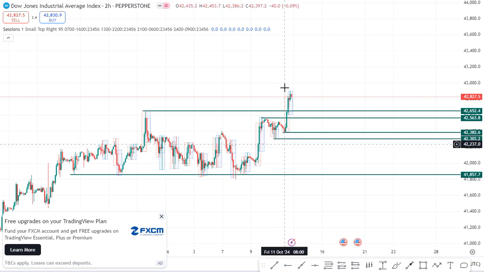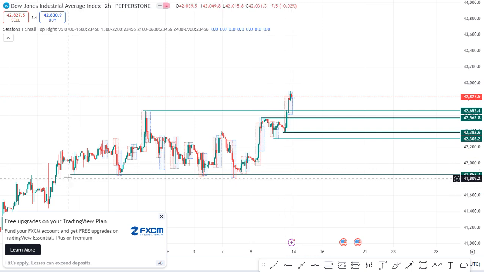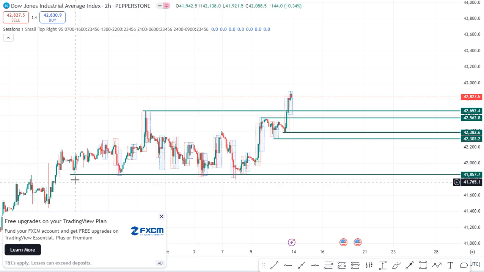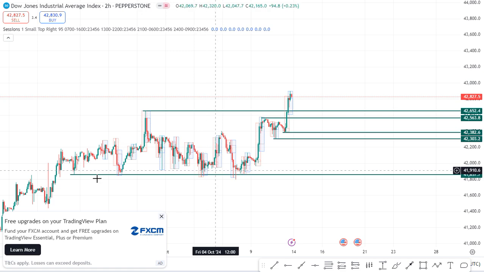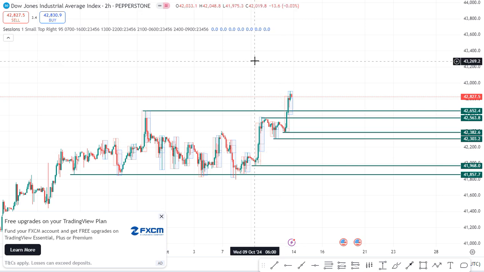The price was refused here, the sellers were rejected. So this was a strong buy zone. The price came back, bought, came back, bought, came back, bought. It was a very strong area, strong demand.